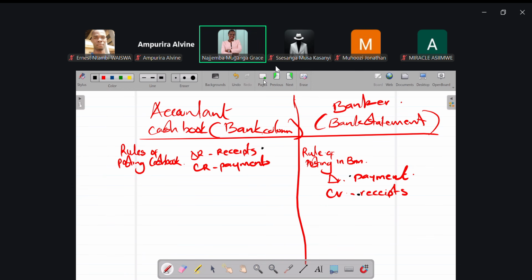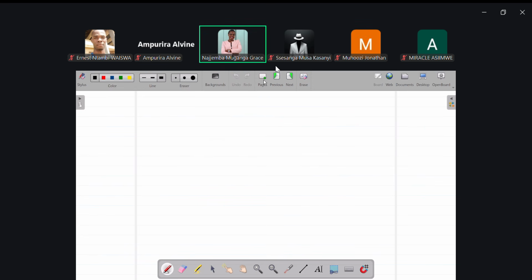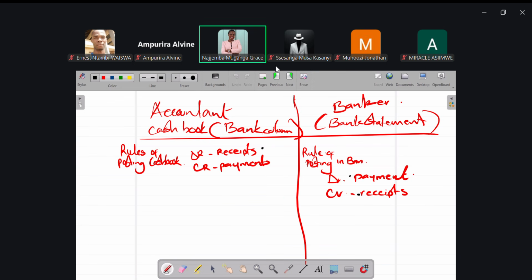Are we together? Now let's see maybe an illustration of this. We are trying to say that assuming we deposited cash to the bank from a customer.